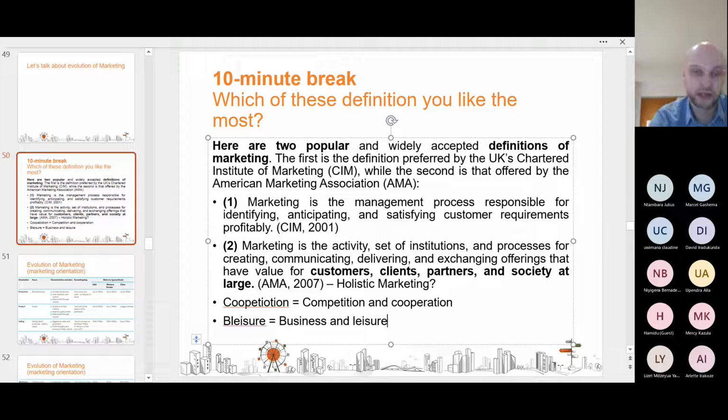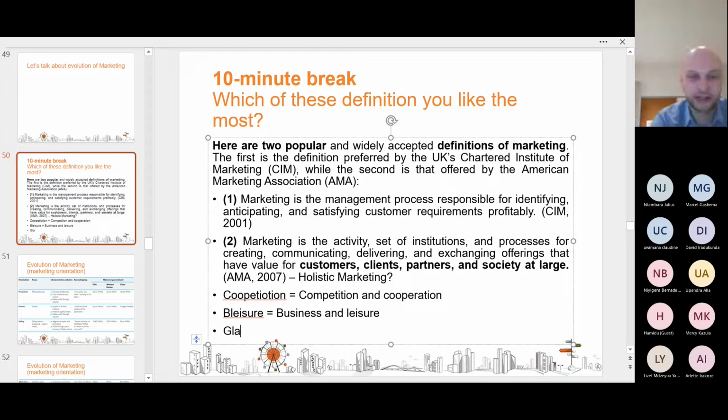And hotels are also involved in this trend. So they offer leisure activities at the hotel, like gym, sauna, swimming pool, and cooperate with local companies to offer tour packages to the customers of the hotel. So bleisure is business and leisure.